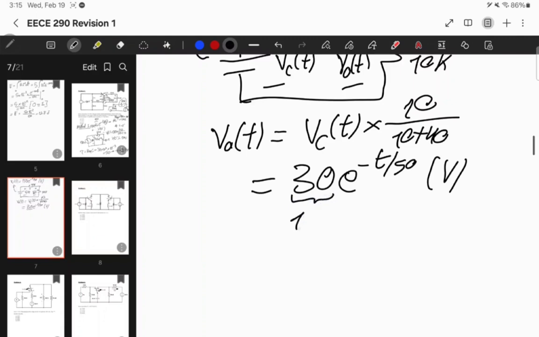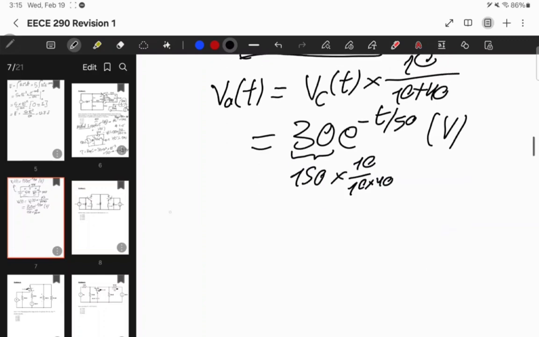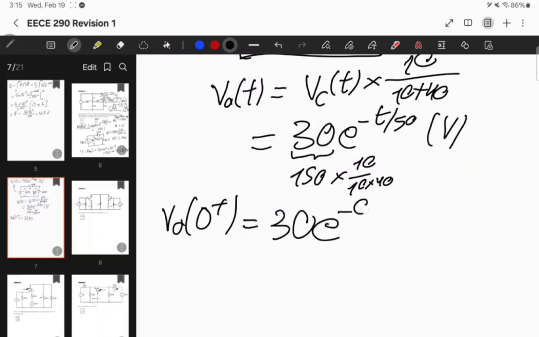Finally, V0 at 0 plus, I can substitute 0 for time, so I get 30 exponential 0, so 30 volt.